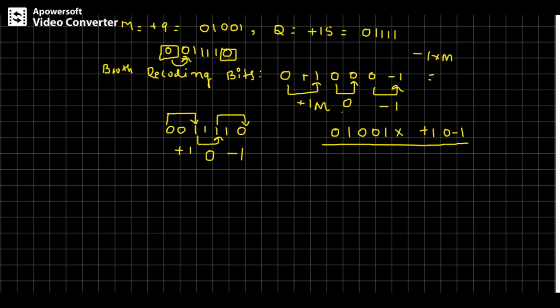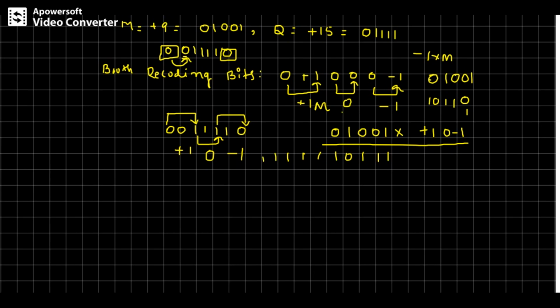So for that I will write m as it is 0, 1, 0, 0, 1. Take 1's complement 0, 1, 1, 0, 1 and plus 1. So I will get 1, 1, 1, 0, 1 and extend the sign bit.